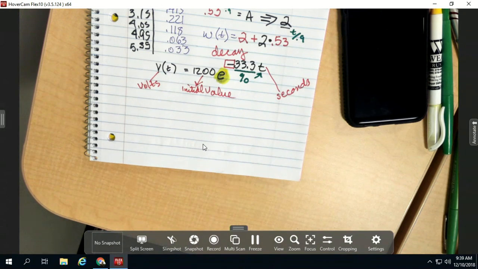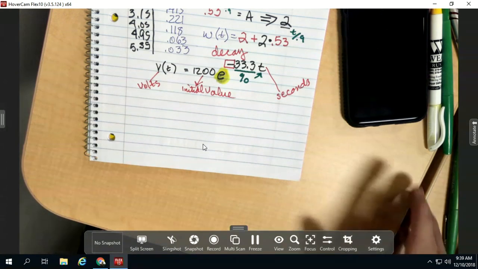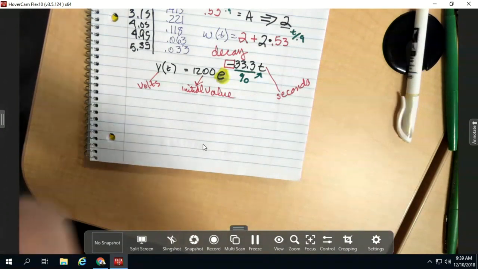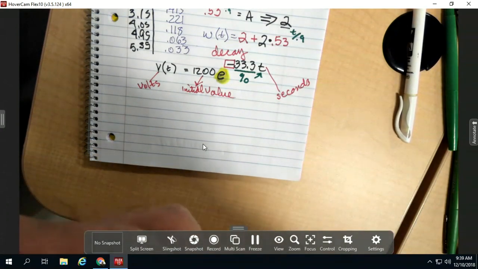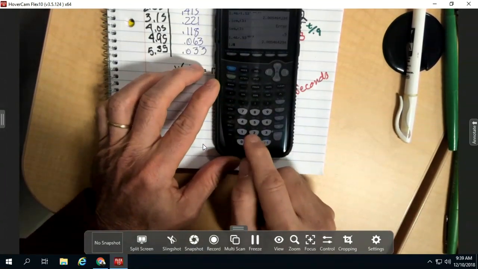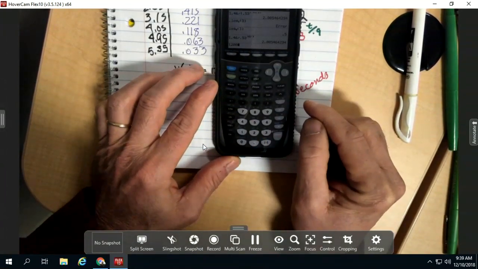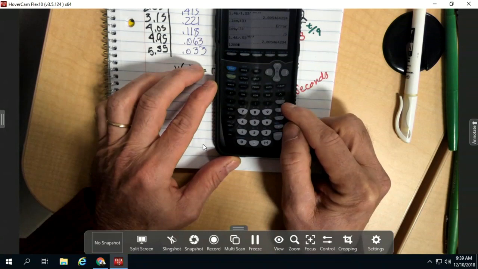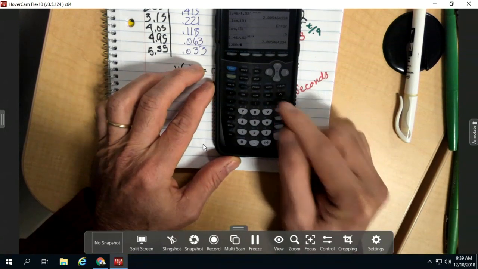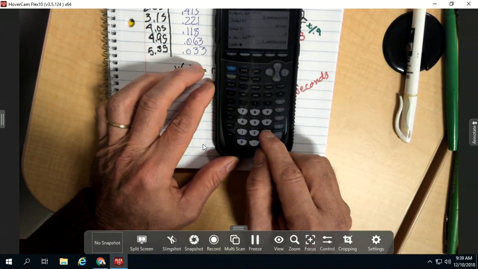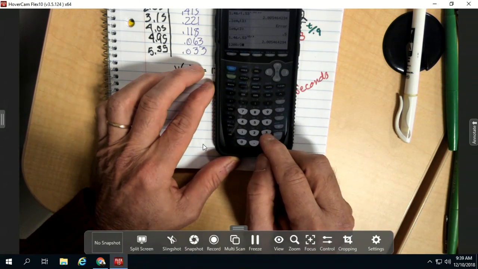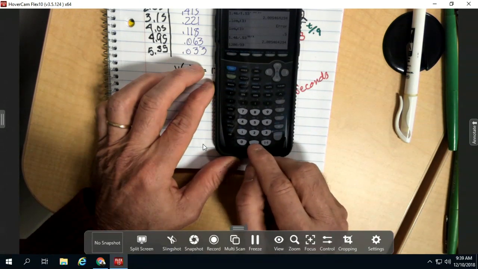So if we take, I gotta get my calculator out. If we take 1,200 divided by 3,000, let's see. Well, let's do 33.3.